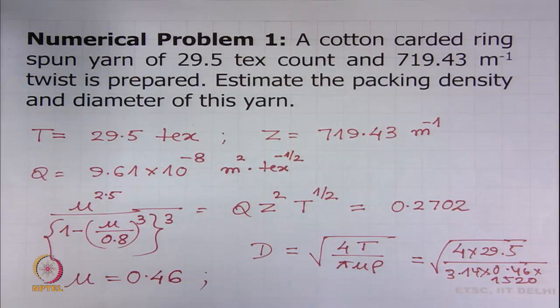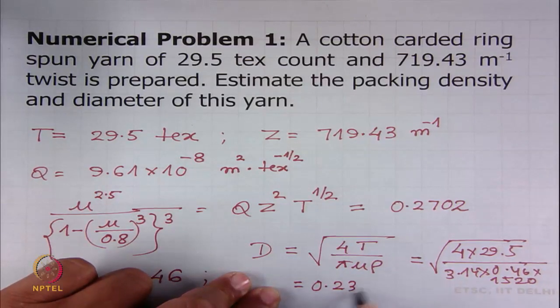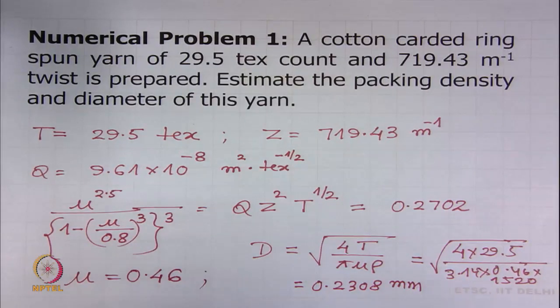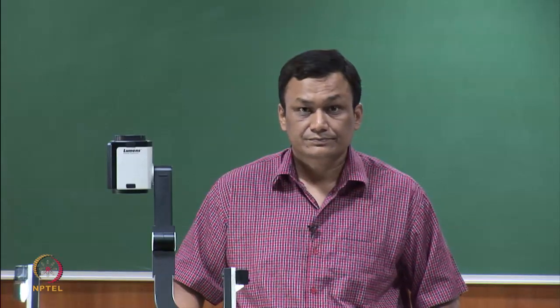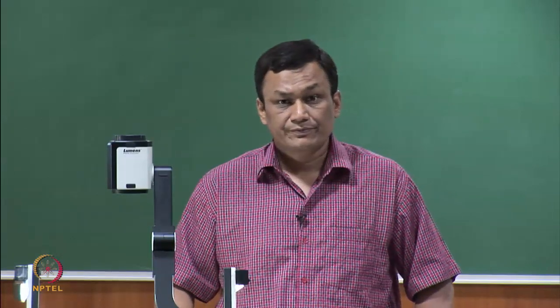So, you will find this value as 0.2308 millimeter. Clear? You will find 0.2308. So, in this way this problem can be solved. I hope it is clear to you.